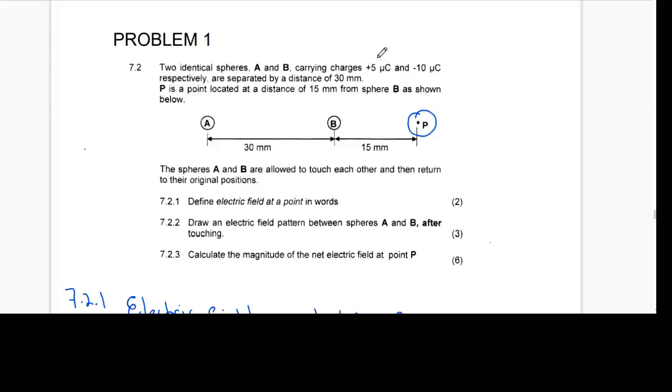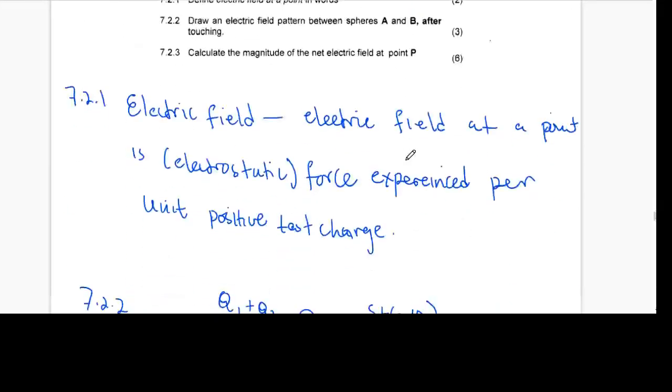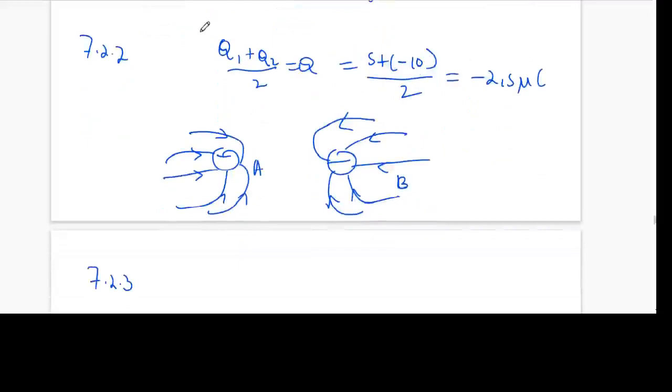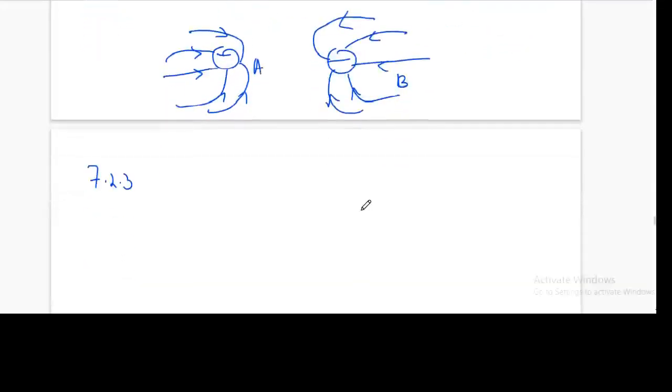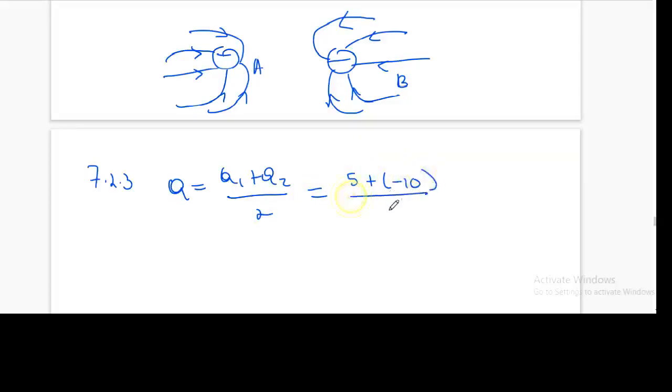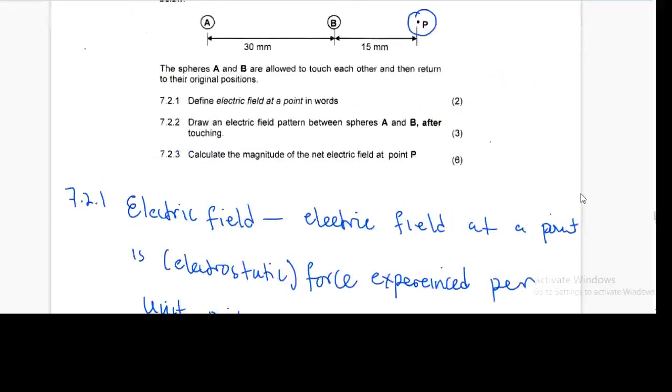So these charges no longer work. We are going to repeat this step: charge Q1 plus Q2 divided by 2 gives 5 plus negative 10 divided by 2, equals negative 2.5 microcoulomb. This is the charge on each sphere.